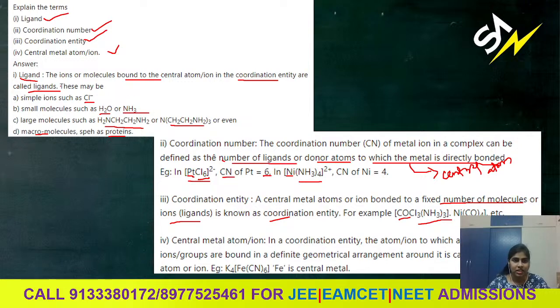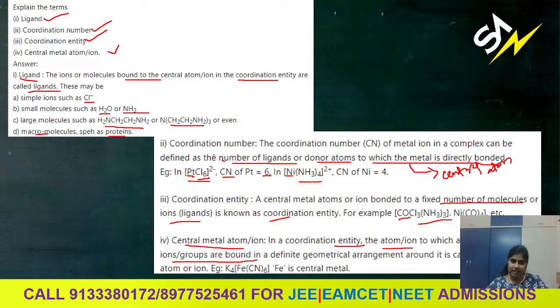Next, what is given to define central metal atom? So what is central metal atom? From the beginning we are saying central metal atom, right? In a coordination entity, the atom or ion to which a fixed number of ions or groups are bonded.